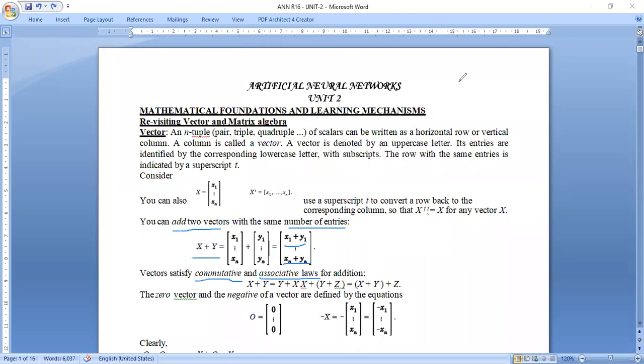Commutative law means whenever we perform addition of the two vectors x plus y, the result of x plus y is equal to the result of y plus x. This is the commutative law.